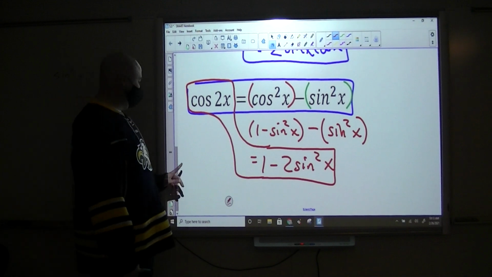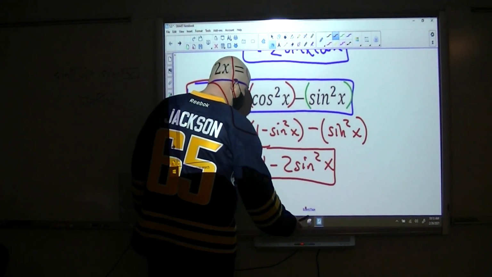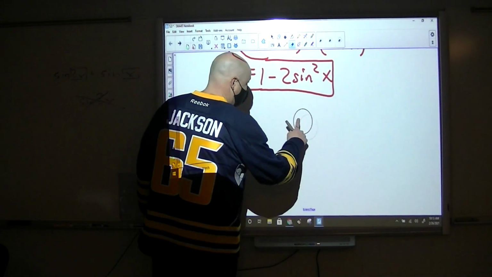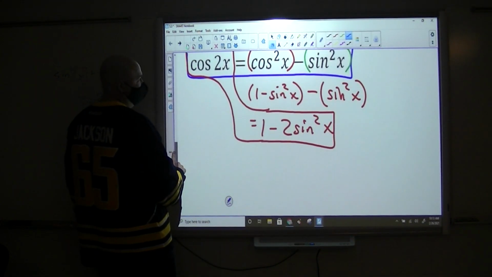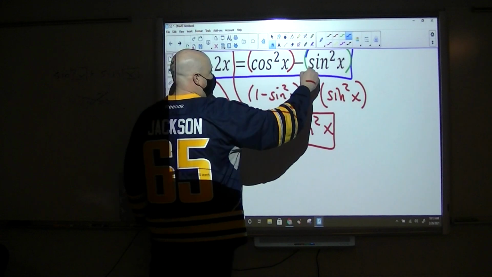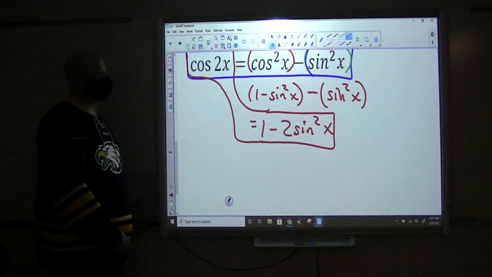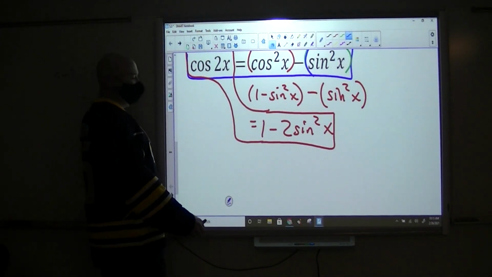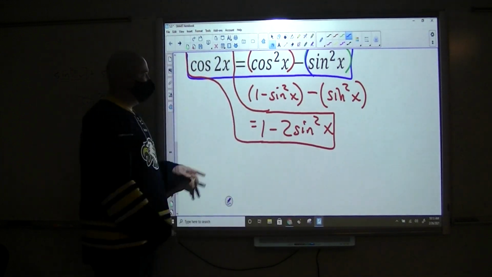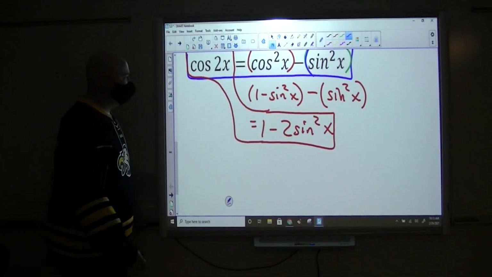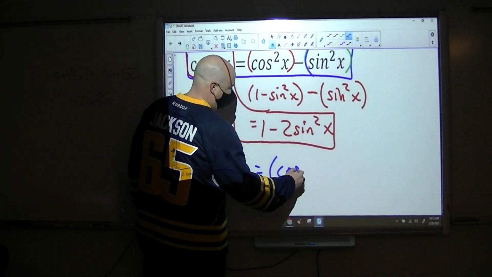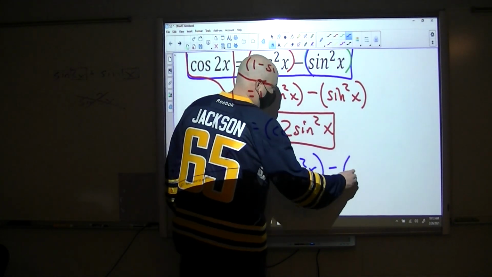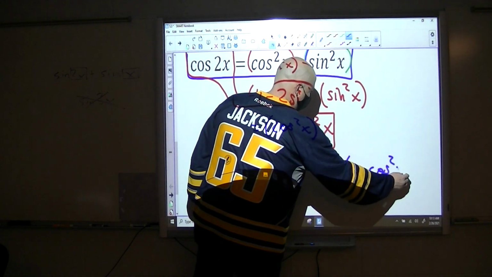Okay? And the same thing can be said for sine squared. Does everybody have this written down? Let's do one more. Sine squared is 1 minus cosine squared.